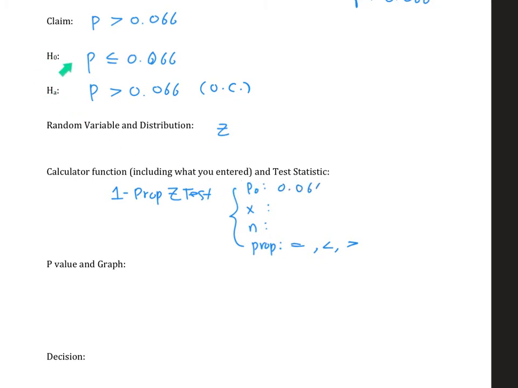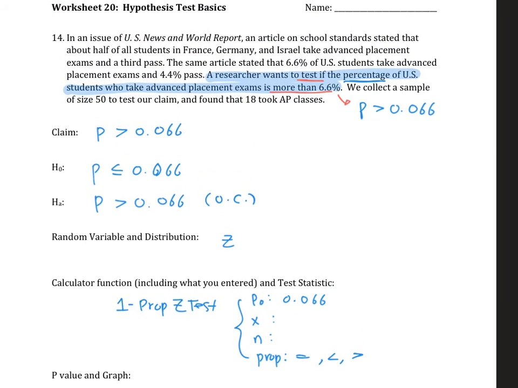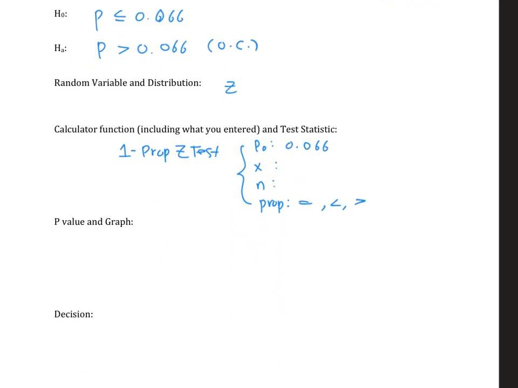That's the value they assume to be true. X is the number of successes. Okay, what does it say? They surveyed 50 people and then 18 took AP classes. That means 18 is the number of successes out of 50. So 50 is the sample size and 18 is the number of successes.